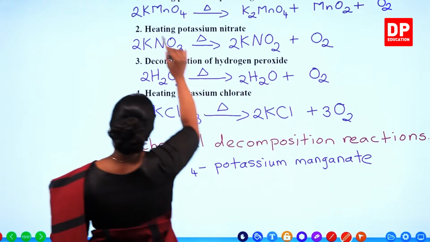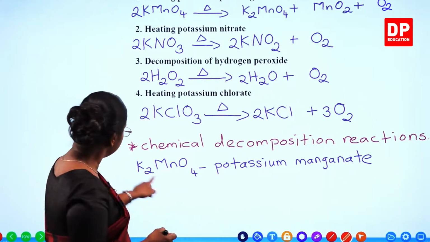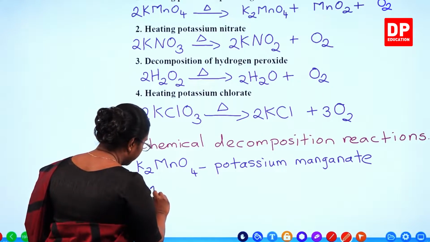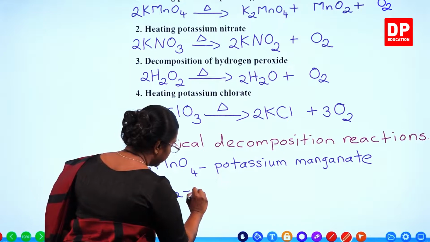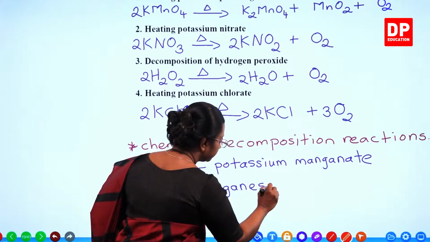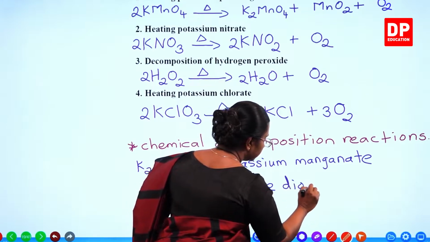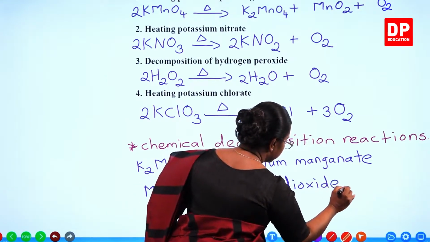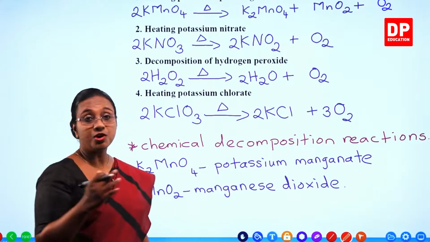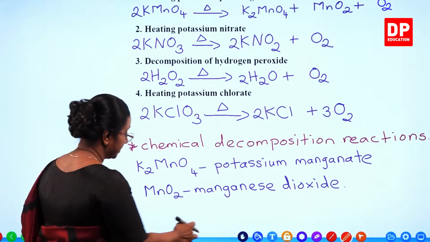So here you can see this is potassium permanganate, this is potassium manganate. And MnO2 is manganese dioxide. So in case in a question when they mention the names, you all should know what those substances are.